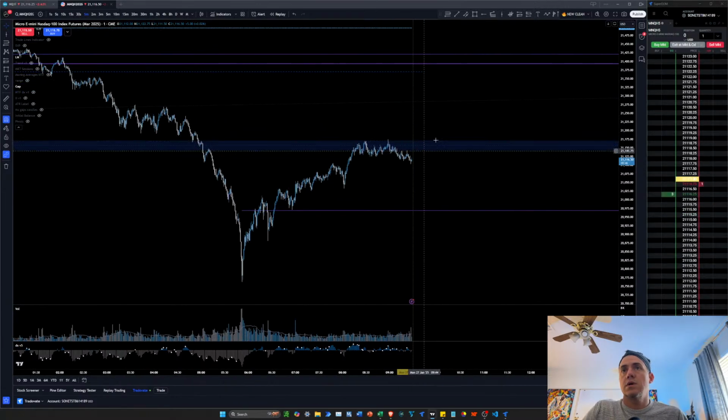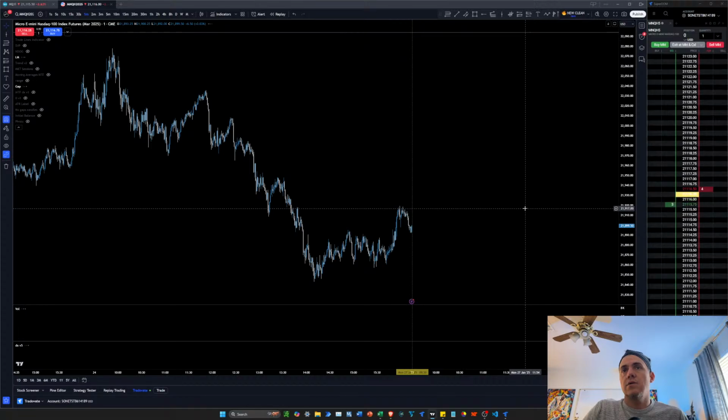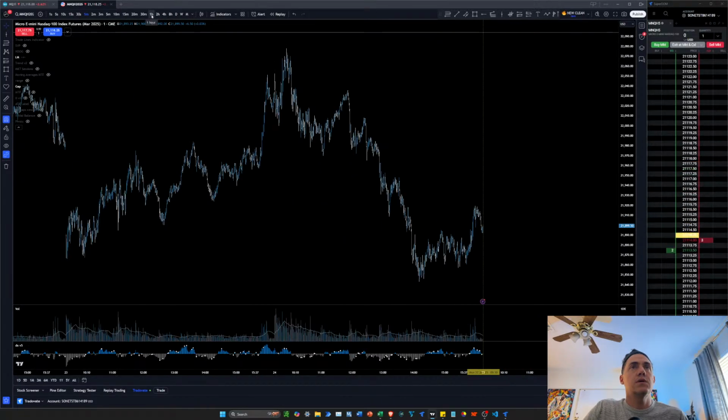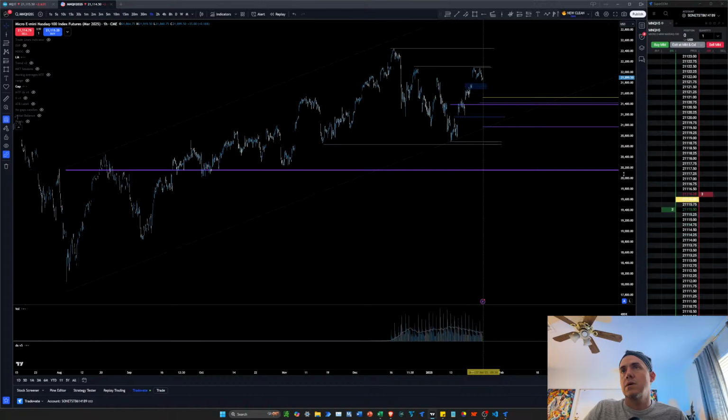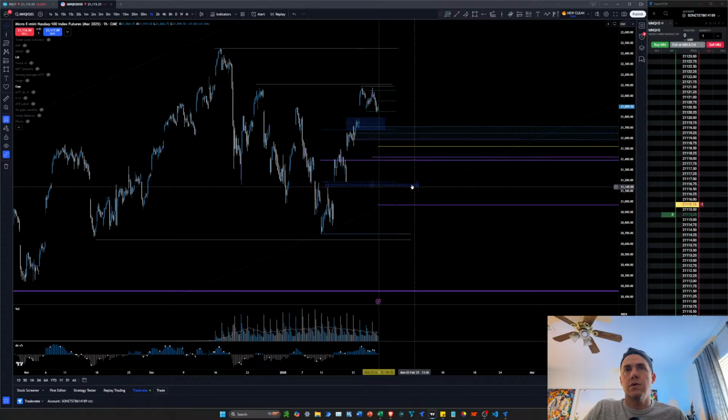This was a gap on the daily. Let's look at the regular trading hours right quick, and let's look at it on the 1 hour. We're somewhere 21.1, so we're right around here in this big gap.